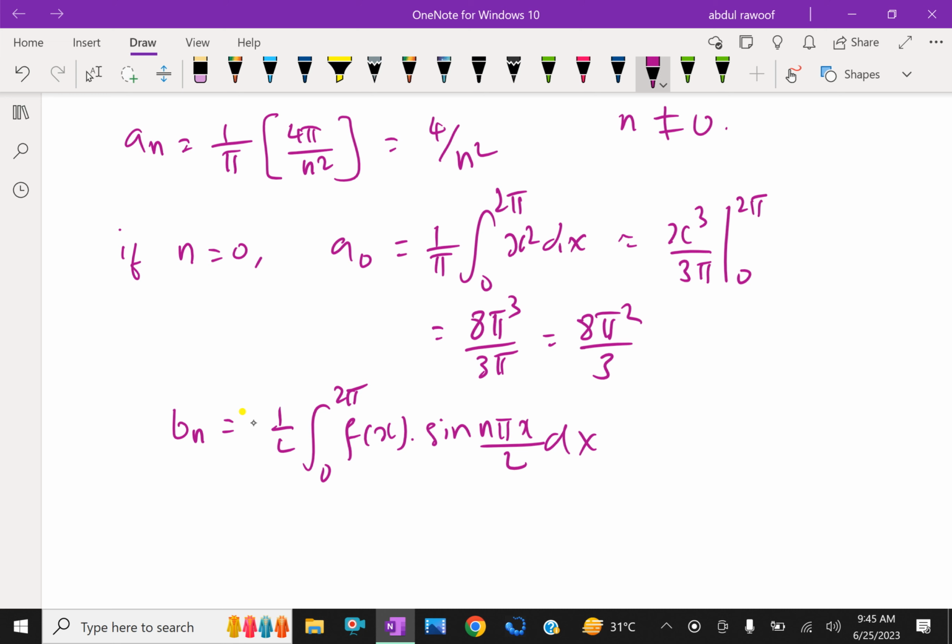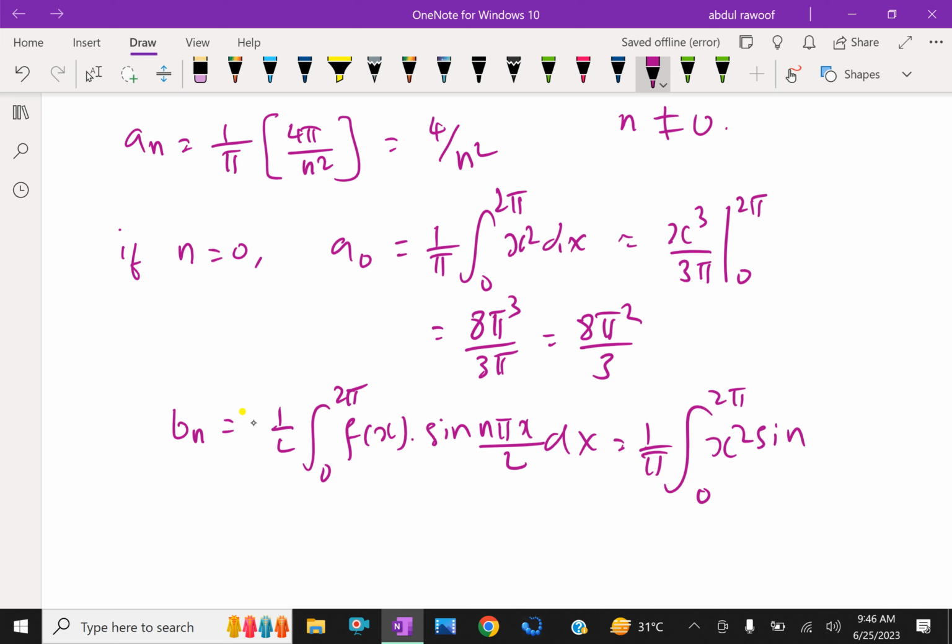This is equal to 1 by pi, integral from 0 to 2 pi, of x square sine nx dx, with 1 by L taken out.